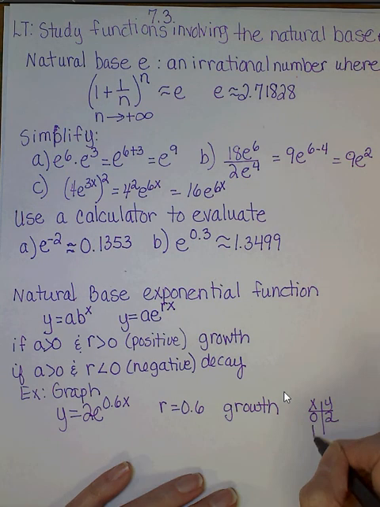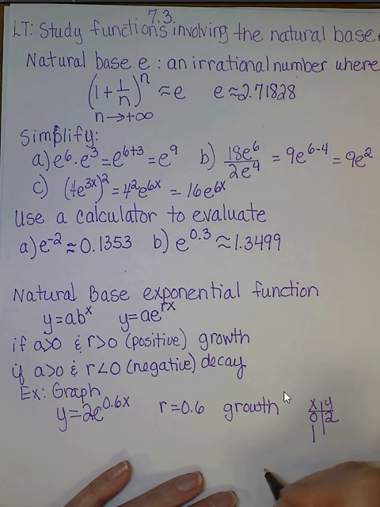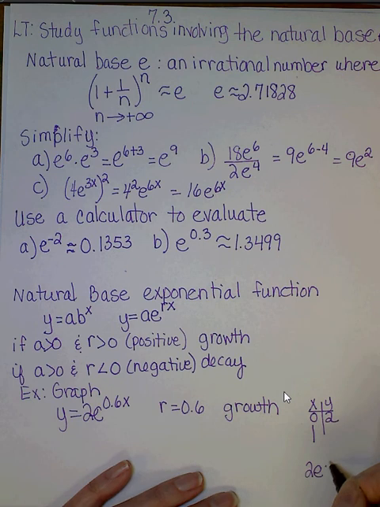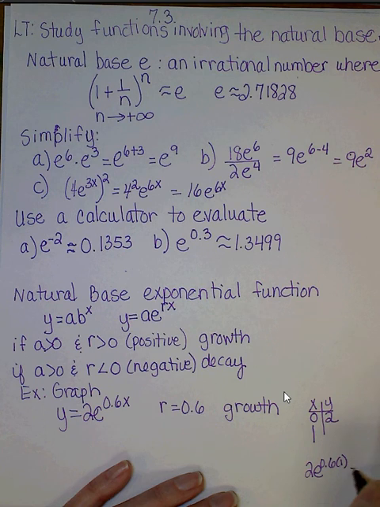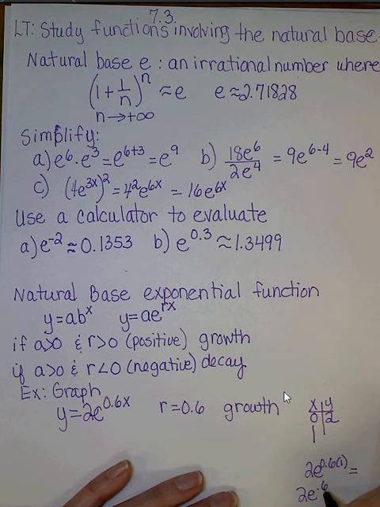If I plug in the number 1 for x, I'd get 2 times e to the 0.6, and we're just going to enter that in the calculator and round it. It's approximately 3.6.